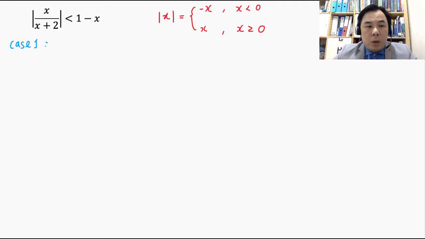For case number 1, I will have x over x plus 2 less than 1 minus x. Then all I need to do is proceed with multiplying both sides by x plus 2.